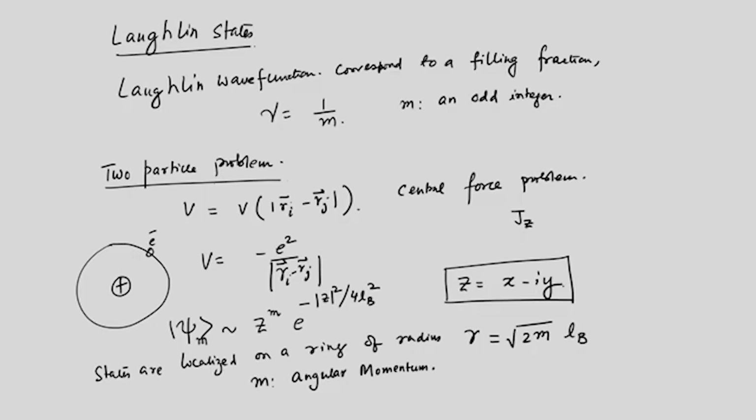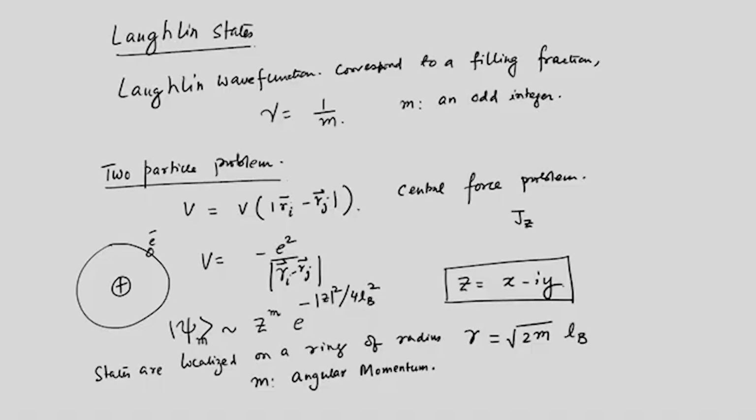In order to do that, we initially looked at the two particle problem, where they are interacting via a Coulomb like potential, or in general a two particle central potential. And this is the wave function that one can write for the two particles, where z is the coordinate for just one particle.